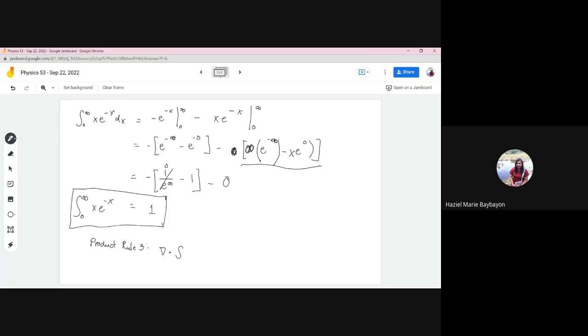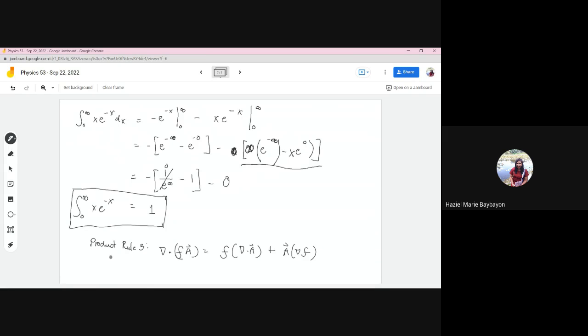So, the divergence of FA is equal to F multiplied by the divergence of A plus A multiplied by the gradient of F. So this is product rule number 3, and we have, I guess, discussed this several weeks ago. Isulat nimo na, class. Okay?